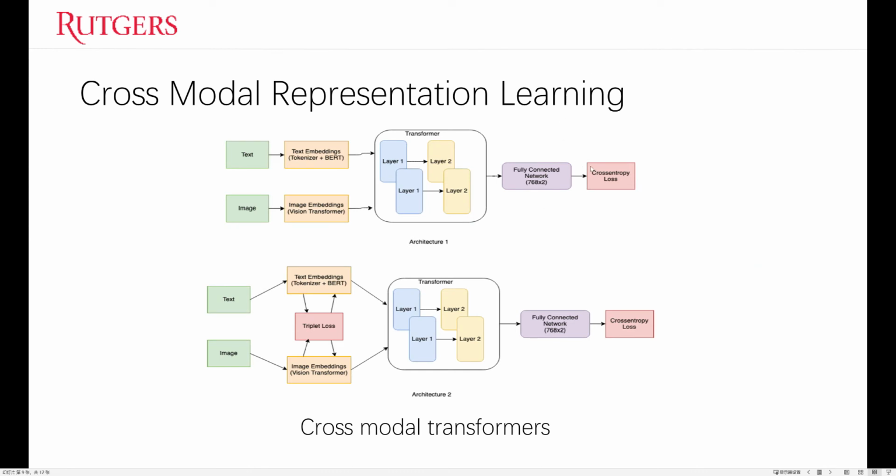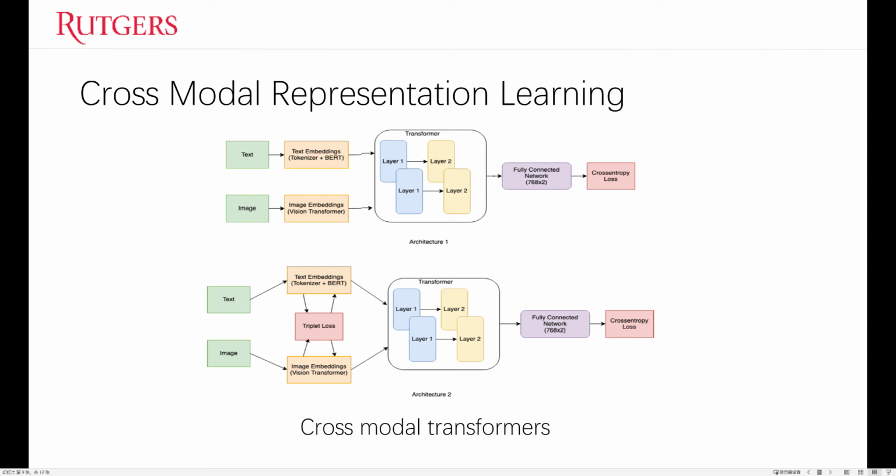The final structure uses a transformer with two attention blocks to do the cross-modal retrieval part. This transformer helps the model perform better.